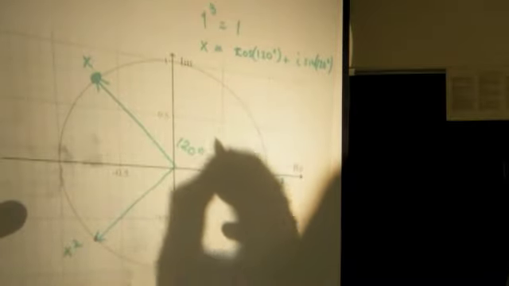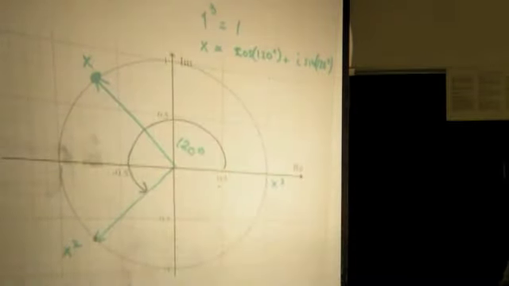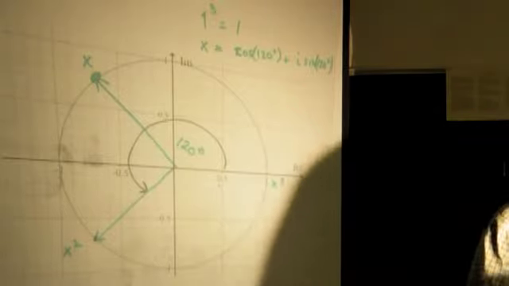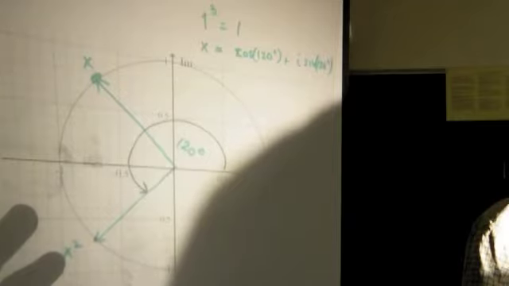If I take that number and square it, where do I end up? It's 240. That's 480, so 480 minus 360.